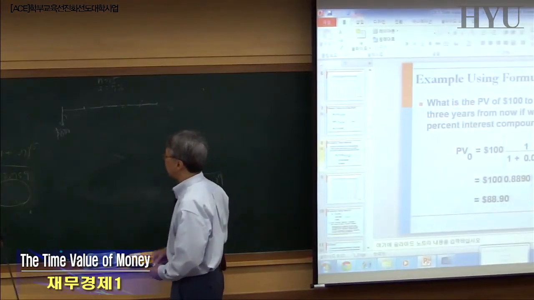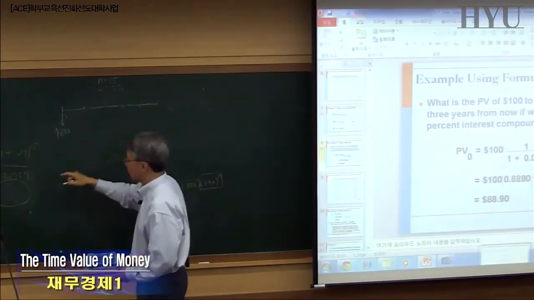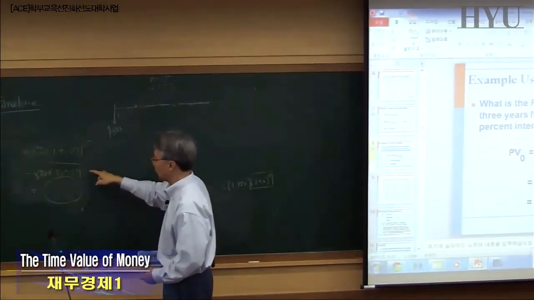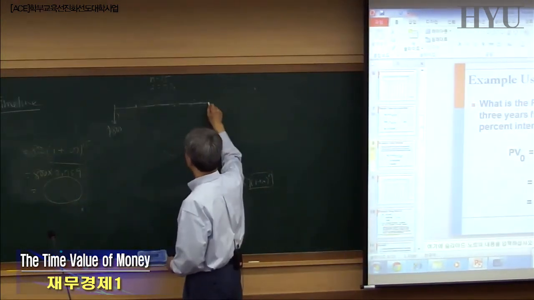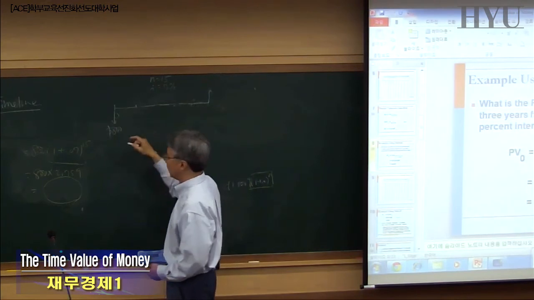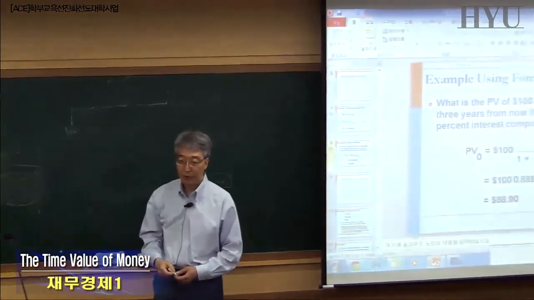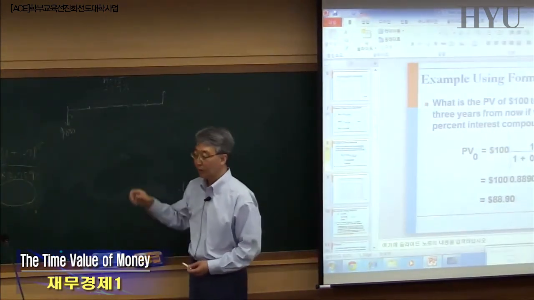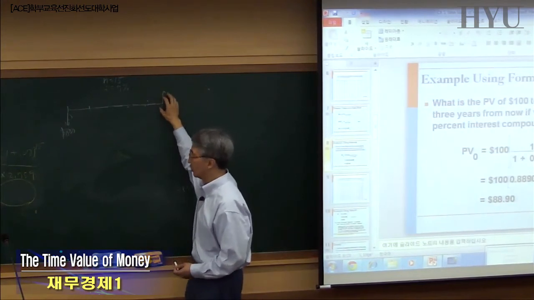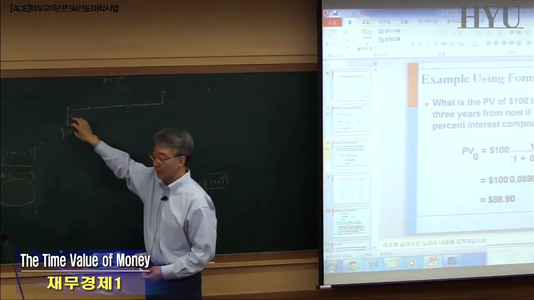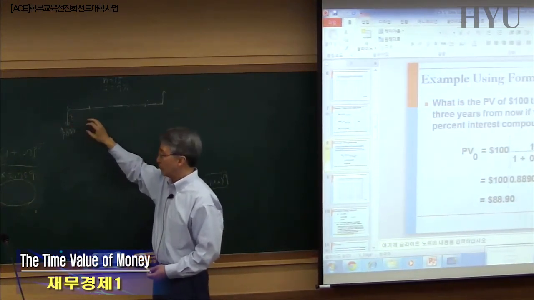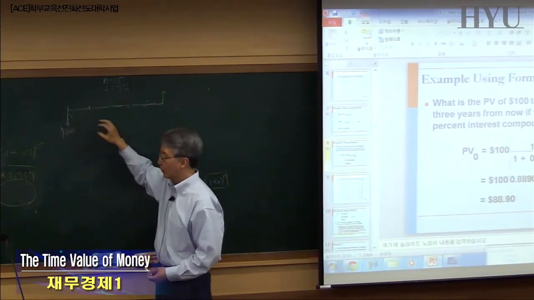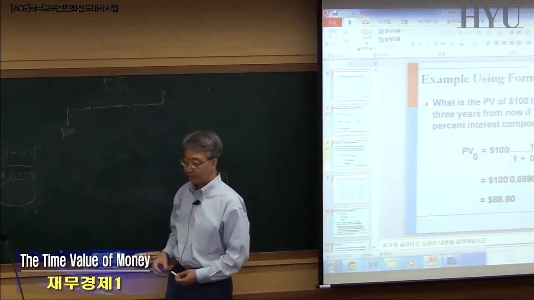And then in this question, we're trying to find out the future value. So in the future, here's one simple rule about finance. If you want to receive something in the future, you have to invest now. In other words, there has to be one cash outflow and one cash inflow.